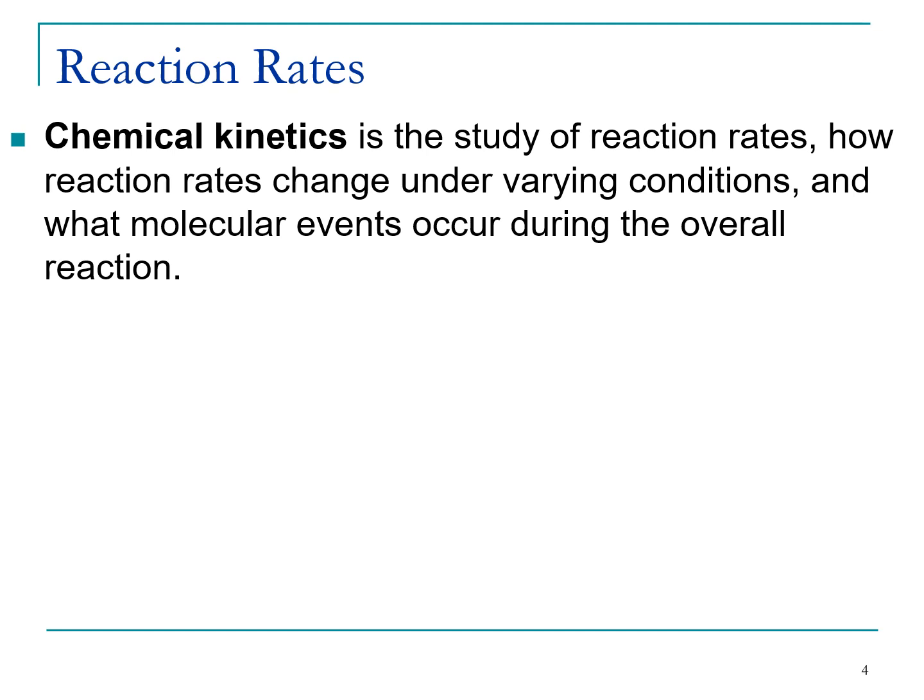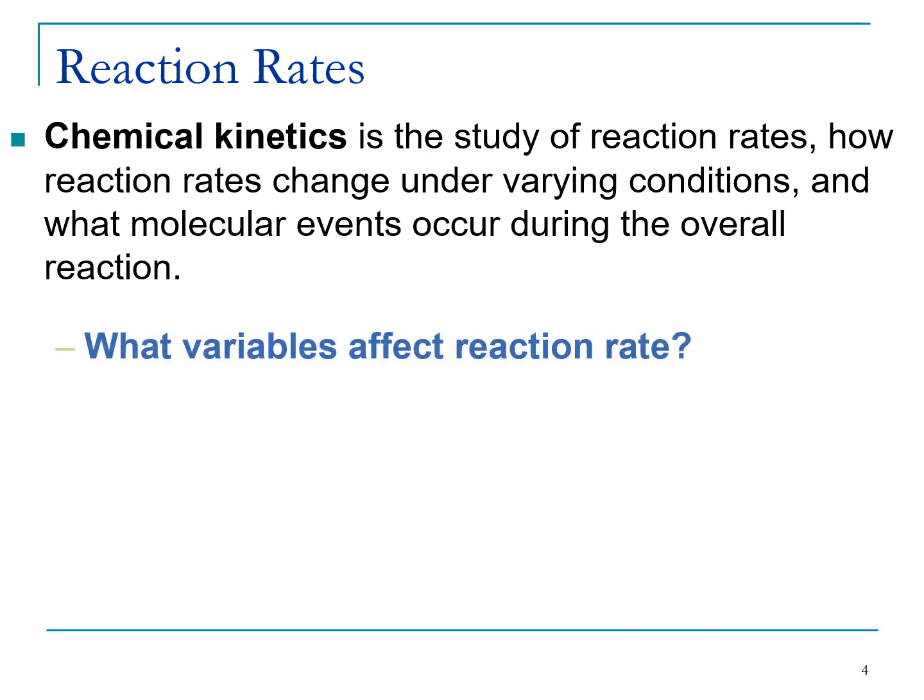All right, so like I said, chemical kinetics is the study of reaction rates, how reaction rates change under different conditions. So in other words, how fast does a reaction go? What are some things that affect a reaction rate? And you may know some of the things right off the top of your head.